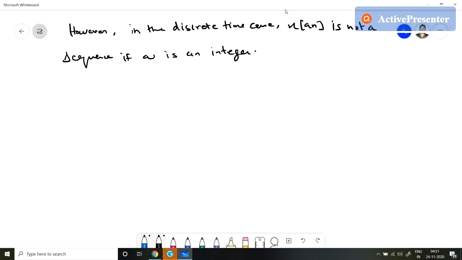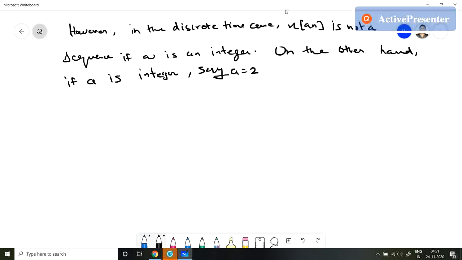On the other hand, if a is an integer, say a is equal to 2, then x(2n) consists of only the even samples of x(n).